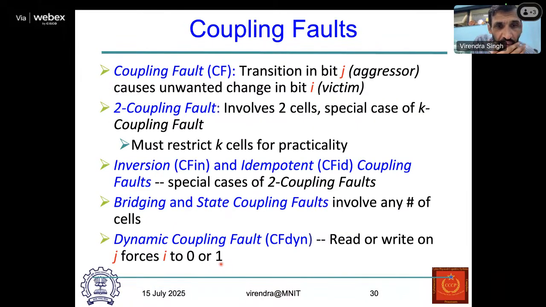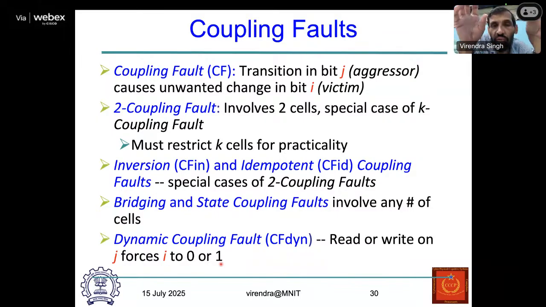Coupling faults. As I said, there is a coupling between one cell and another. In the simplistic model, we are considering coupling of one cell with another cell. So a transition on bit j or cell j causes an unwarranted change in bit i.